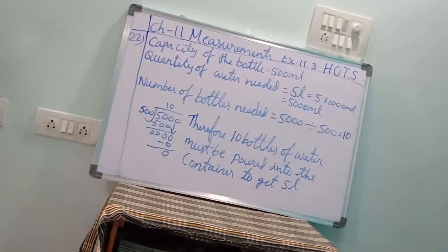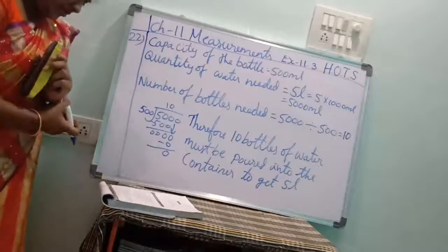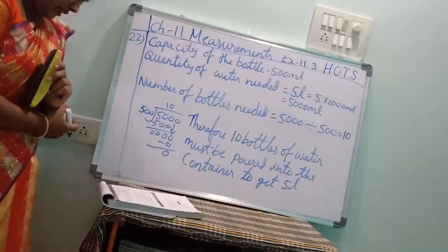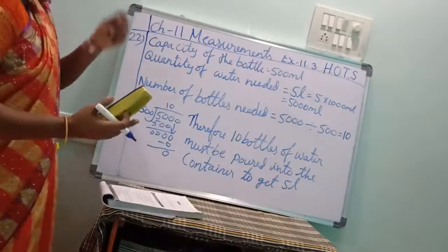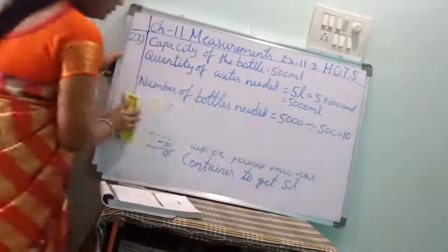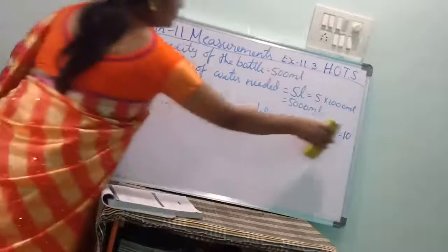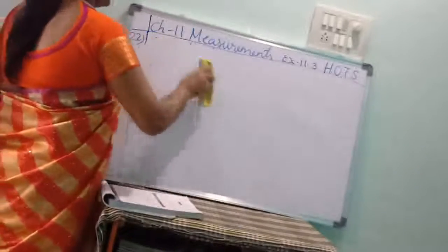Next question. What is that question? A tumbler has a capacity of 600 ml. How many tumblers must be poured into the can to have 6 liters of oil in it? See, this is A1 completed. Now B1.